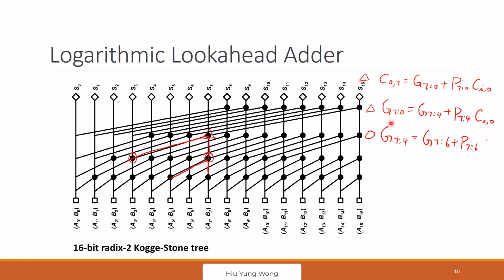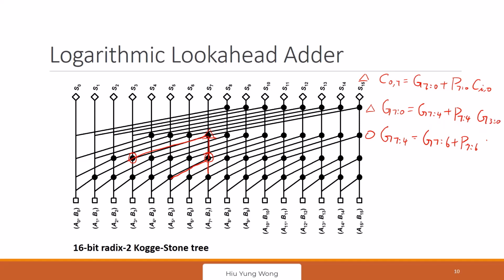When I say G7 to 0, I'm talking about this block, which is 7 to 4. So what should be the input? Should it be C in 0? This is not C in 0. This should be the carry in from the previous block, which is the generate of 3 to 0.